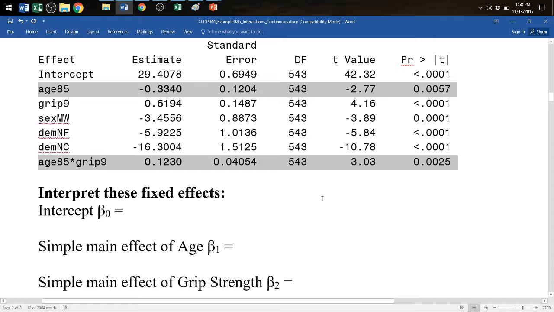For every pound stronger you are, the effect of age becomes, which of the four is it? Less negative, yes. For every pound of grip strength, the age slope becomes less negative by 0.12.